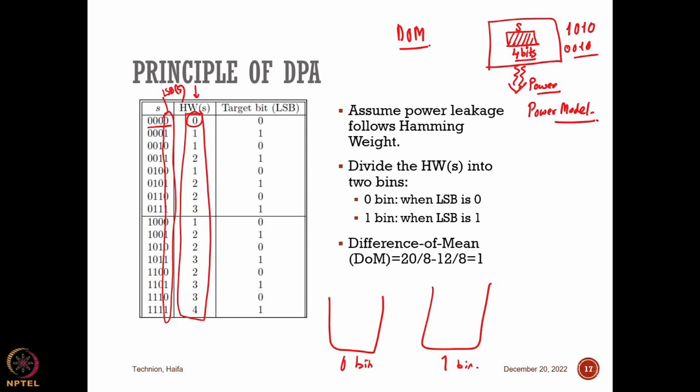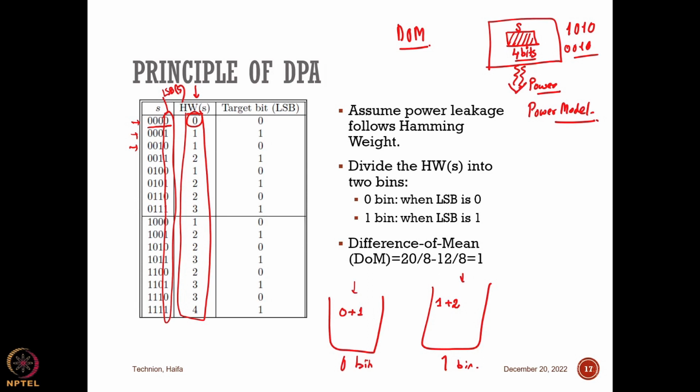Do you understand this experiment? So the first value 0 should go to the 0 bin, the next one 1 should go to the 1 bin, likewise this should go to the 0 bin, this should go to the 1 bin, and so on. So half of them will go to the 0 bin and half of them will go to the 1 bin.